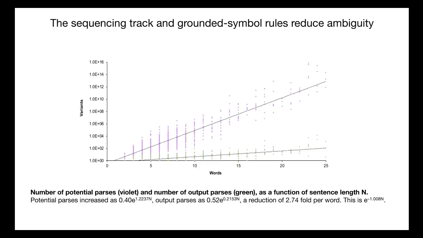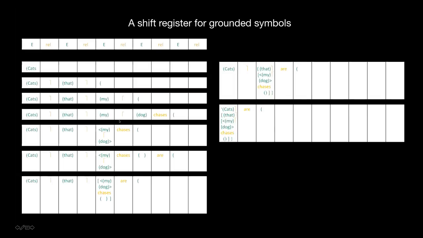And then what are the implications of that? Well, let me show you one more thing about how this program works. We're trying to build a sentence, building the parts into higher and higher hierarchies. Basically we have a shift register for grounded symbols.